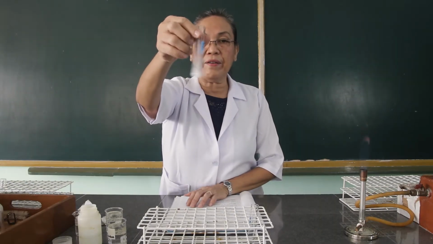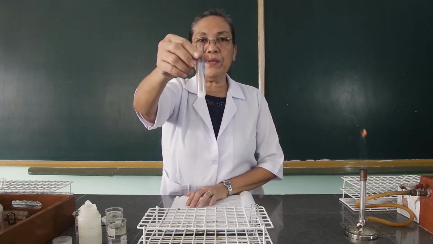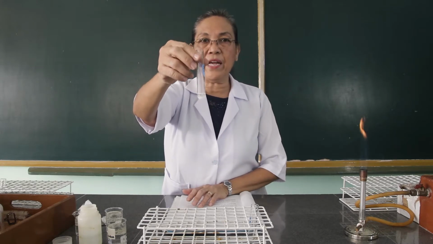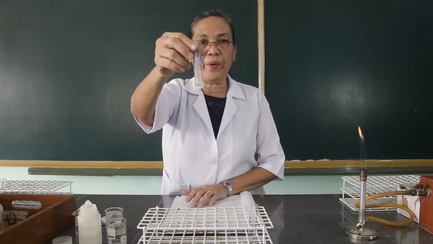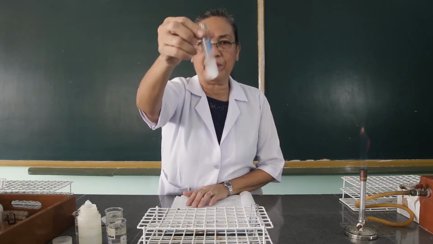So this is the resulting mixture when the ammonium chloride was added with ammonium hydroxide, the magnesium chloride, and the ammonium carbonate. Then it was added with diammonium orthophosphate. I want you to observe.